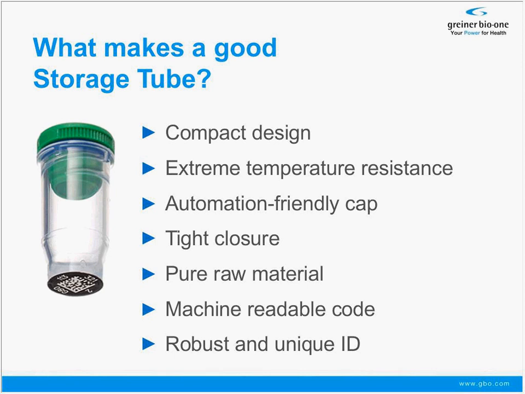The raw material of the polymer or of the tube should be of high quality. It should be pure and should not contain a lot of unintended or unwanted additives. There should be, in the best case, a machine readable code, a tag on the bottom of the tube, which allows for tracking, which is robust and which provides a unique identifier for tube identification and traceability.